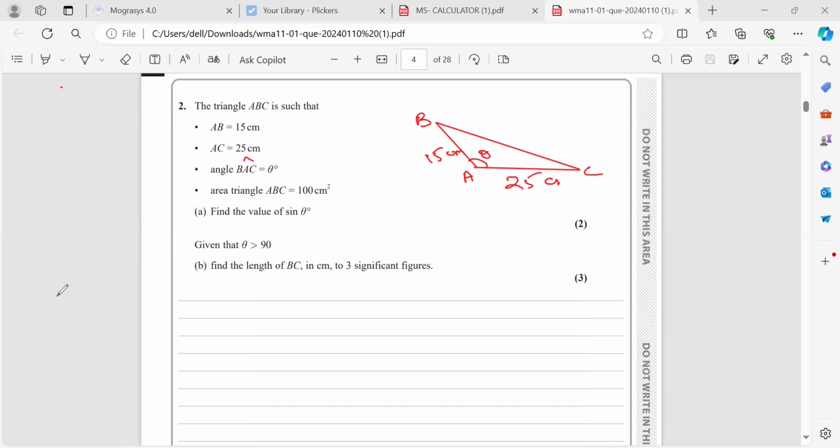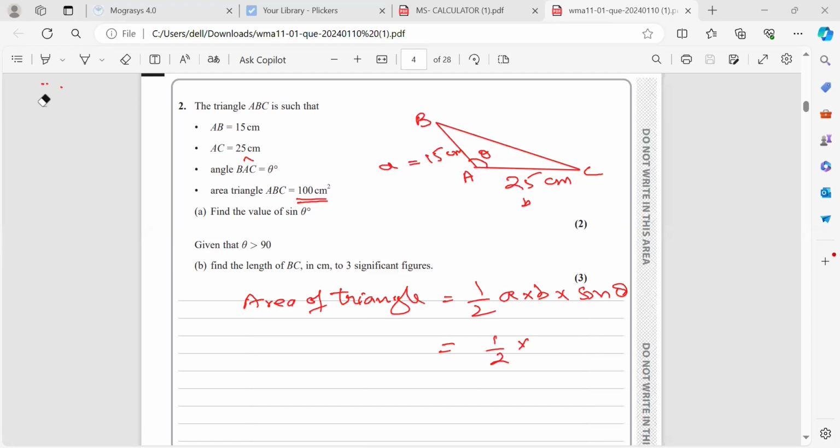This vertex will be C, and its AC is 25 centimeters. We have to find sine theta. Area of triangle is 1 by 2 times a times b times sine theta. So we apply the values. 1 by 2 times 15 times 25 times sine theta is equal to 100 centimeters squared, which is already given to us. So we move this 1 by 2 to the other side.